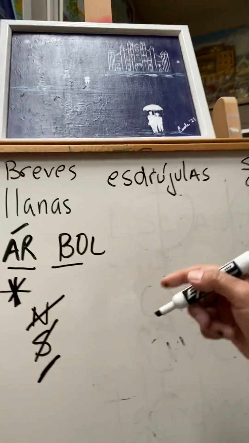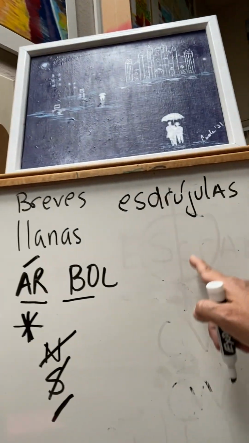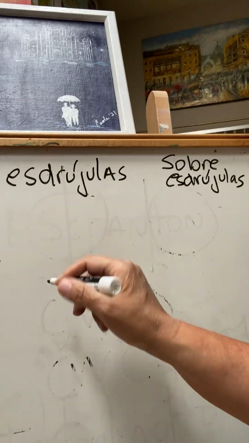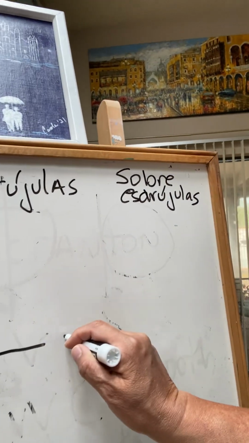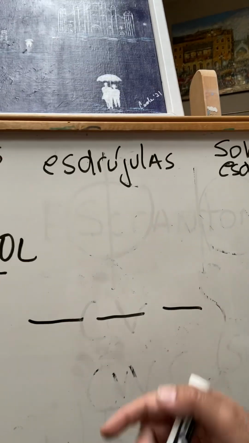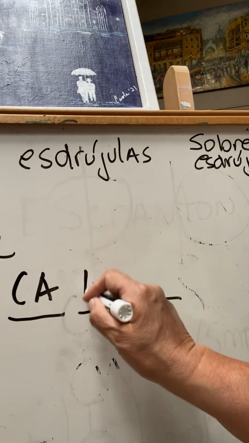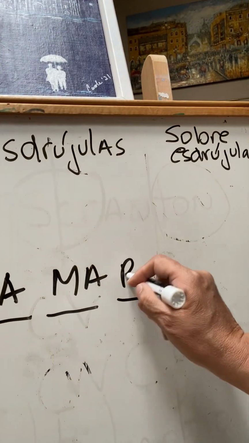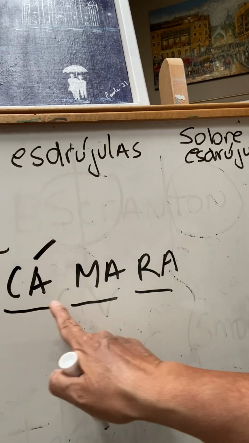Now, if you know that this is the last, this is second to the last, then esdrújulas is third to the last. And esdrújulas has to have a minimum of 3 syllables. So we go 1, 2, 3, a minimum of 3. So for example, words like cámara. And it has the written accent right here, cámara.